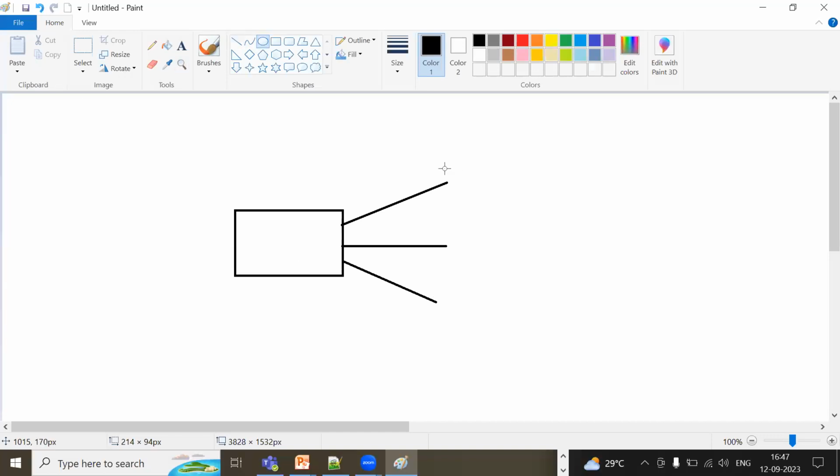So this is server one or something. This particular thing is nothing but load balancing.